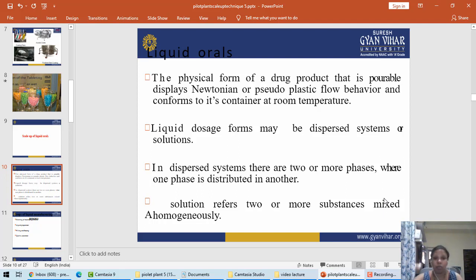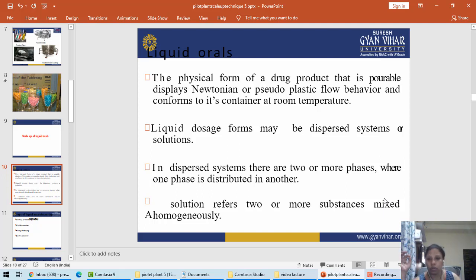So this type of formulation is known as liquid formulation. If the physical form is pourable, it is known as liquid, and if it shows Newtonian flow, you have studied about Newtonian and pseudoplastic behavior in your physical pharmacy. At room temperature it should basically be pourable, so it is known as liquid orals.